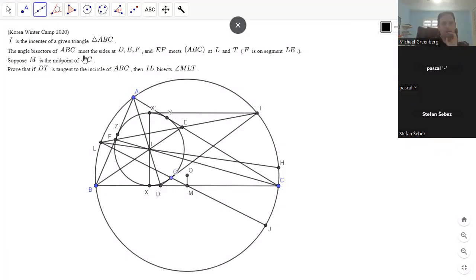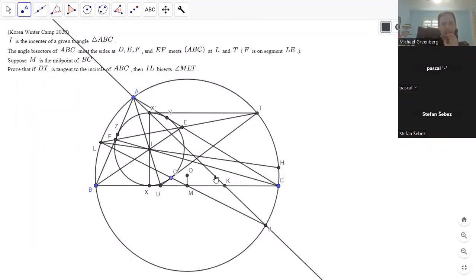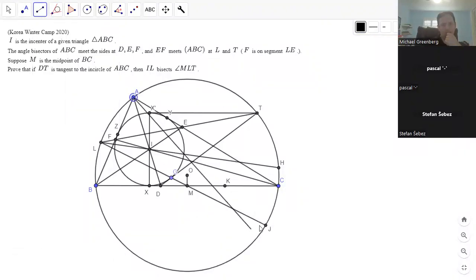So yeah, in that case, maybe it's worth trying. Oh, interesting. So it looks like these would be collinear then.